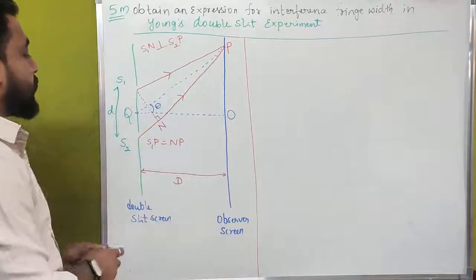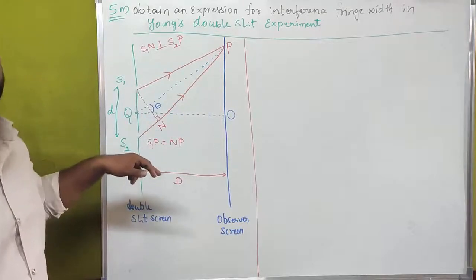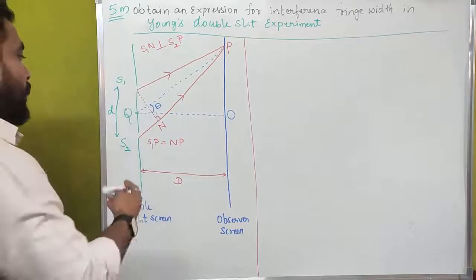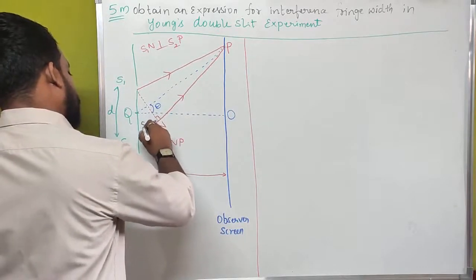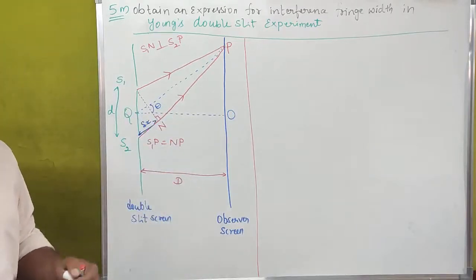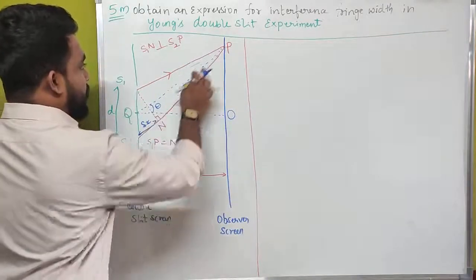Next, initially there is a path difference between these two light rays. What is that path difference? Let us assume that path difference as delta x. Because S1P is equal to NP, that we know.